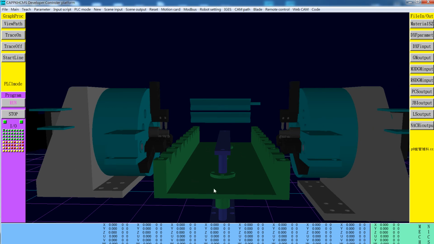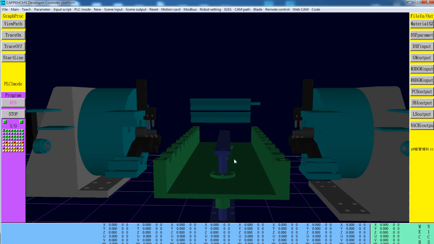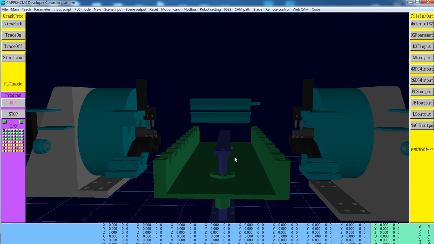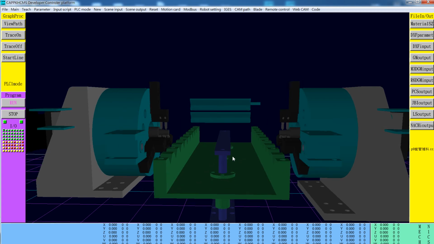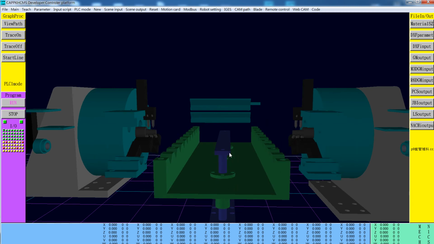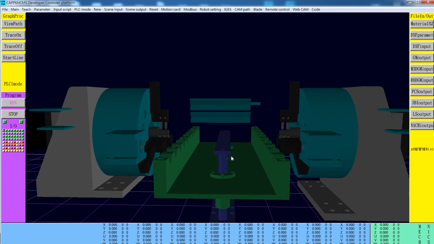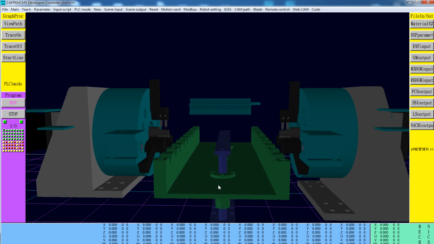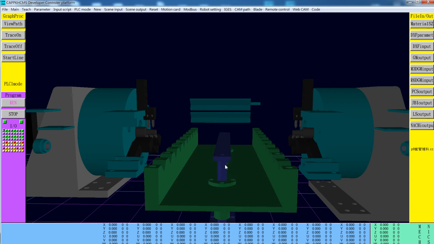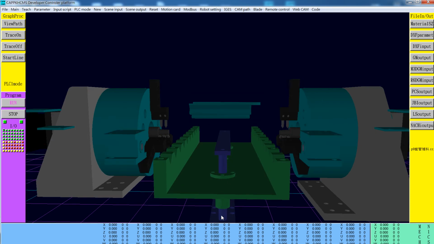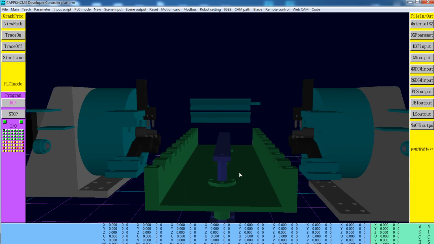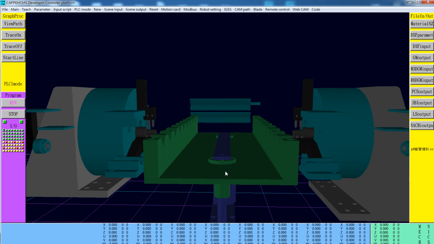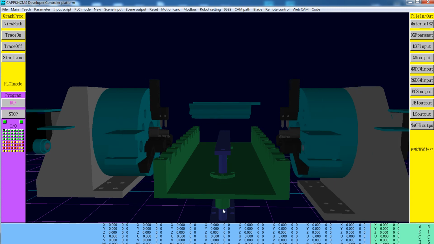Four movements to finish one cycle of the moving mechanism, driven by one vertical cylinder and another horizontal cylinder. And you can see the vertical sliding, this sliding bar. The lifter slides on top of the sliding bar.